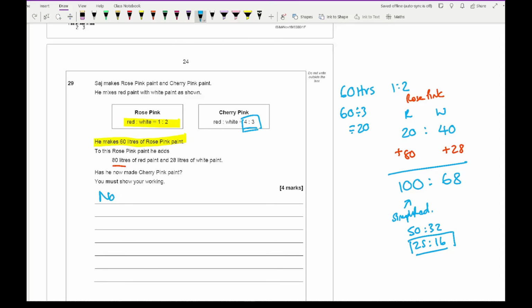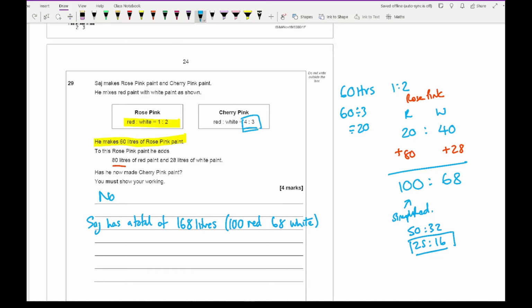Now, one way of looking at it is that Saj has a total of 168 litres, in which 100 is red and 68 is white.